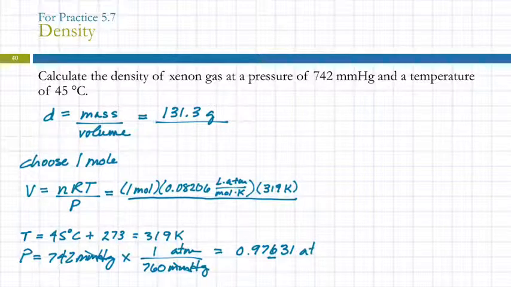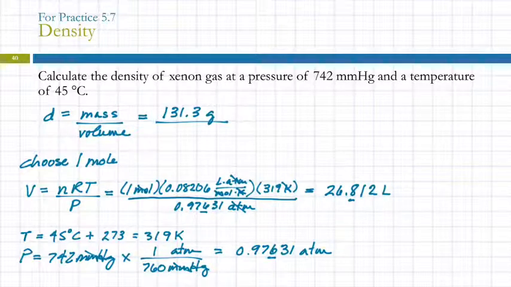That's 0.97631 atmospheres. So that goes in the denominator. I check out my units. Moles cancel, atmospheres cancel, kelvins cancel. I'm left with liters, which is what I wanted. So I've got the ideal gas constant times 319 divided by 0.97631. It's 26.812 liters.